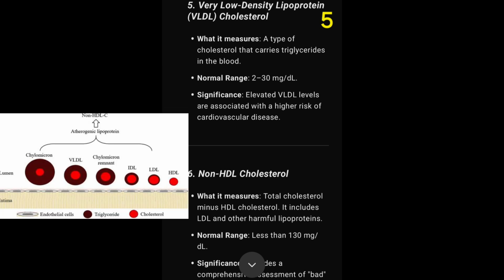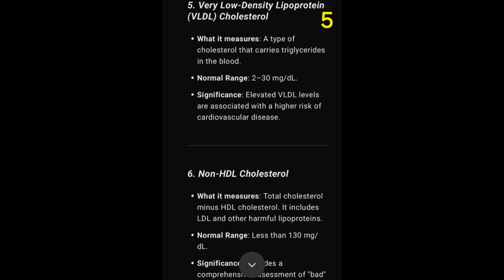It means total cholesterol minus HDL cholesterol. It includes LDL and other harmful lipoproteins. Normal range is less than 130 mg per deciliter, and the significance is the comprehensive assessment of bad cholesterol in the blood and the resultant bad effects.